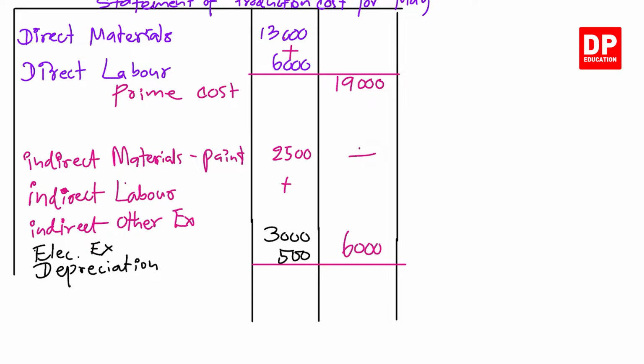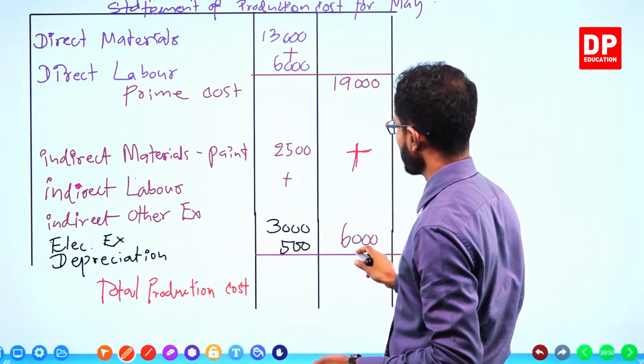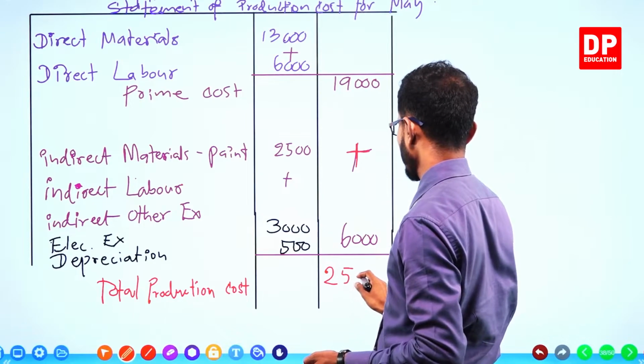What is the total production cost? Total production cost is 19,000 plus 6,000, 25,000.